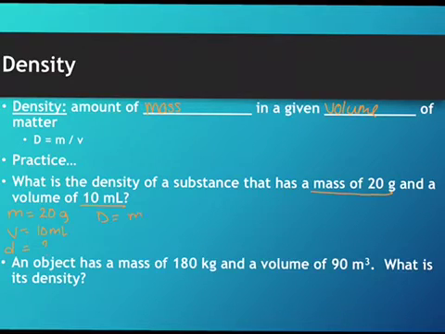Formula says density equals mass over volume, so we can plug in what we know. Our mass is 20 grams, and our volume is 10 milliliters. So 20 divided by 10 gives us a density of 2. And then notice what we're left with for units is grams over milliliters.